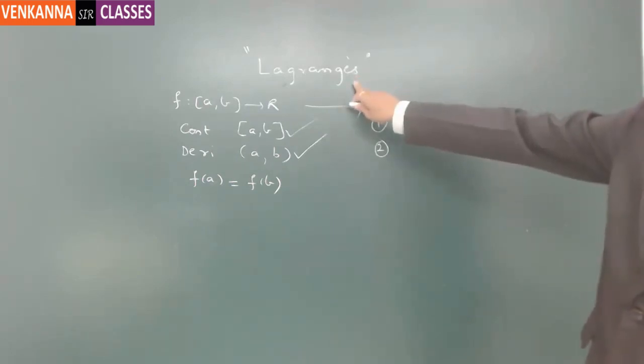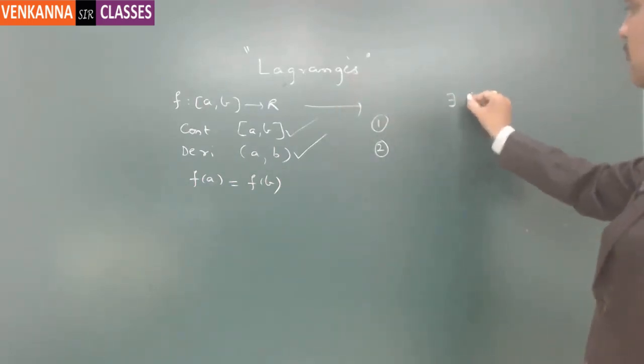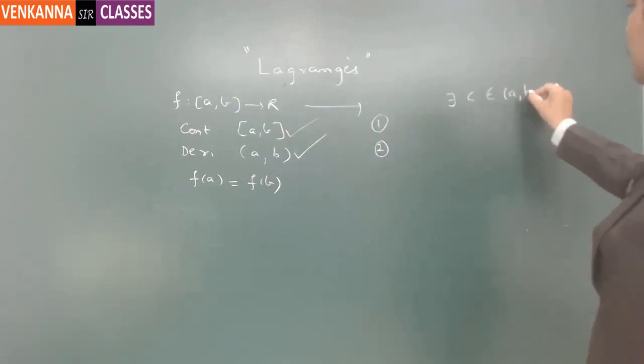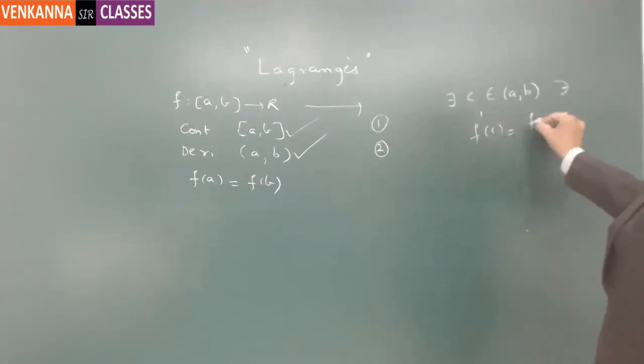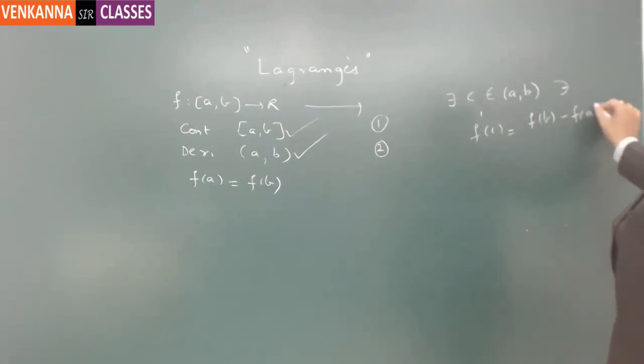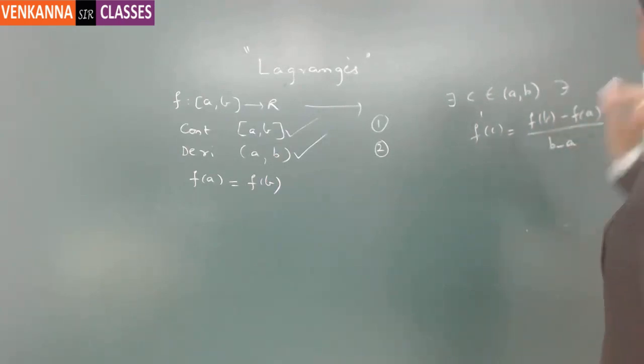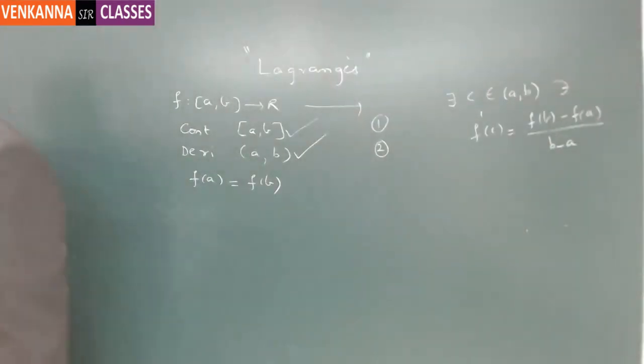Now Lagrange's mean value theorem states that there exists a point c lying between a and b such that f dash of c is equal to f of b minus f of a by b minus a. So please take note of that condition.